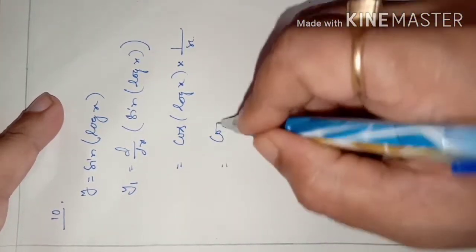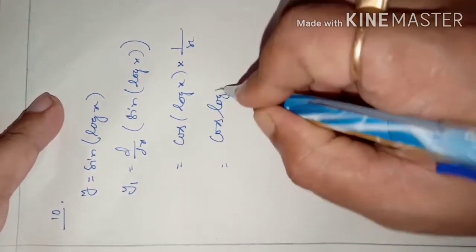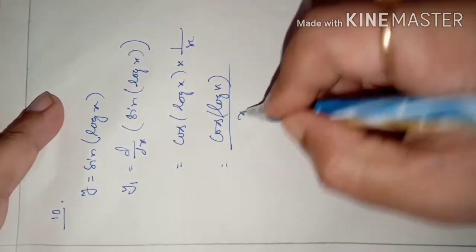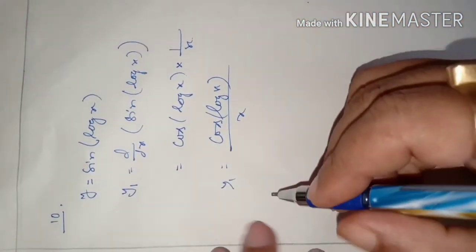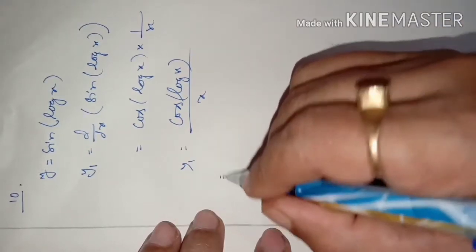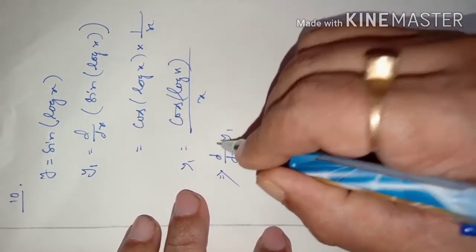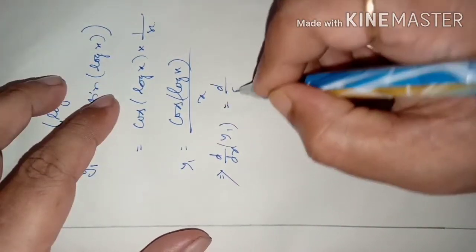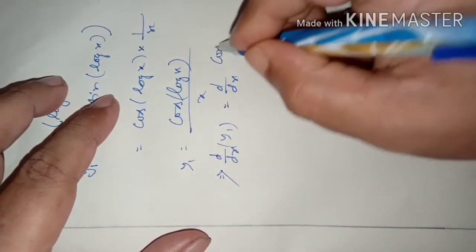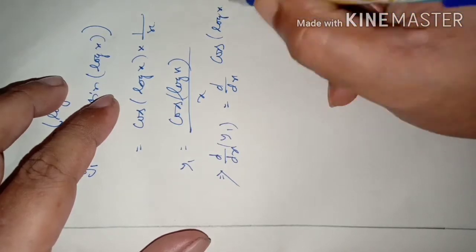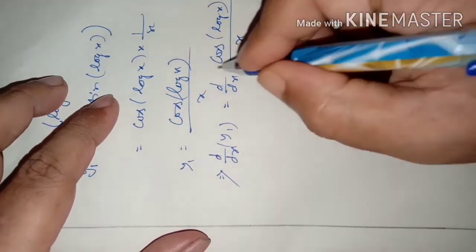So it will be cos of log x by x. This is y1. Now taking the second order derivative again, d/dx of y1 is equal to d/dx of cos log x by x.